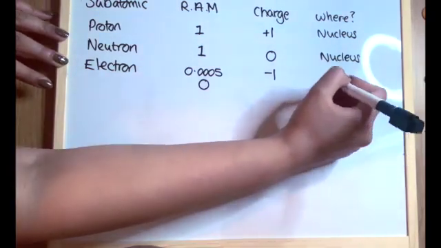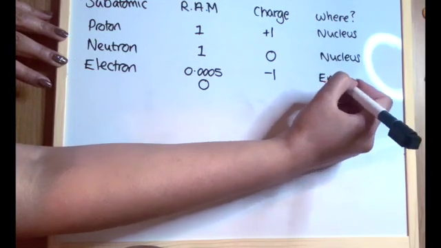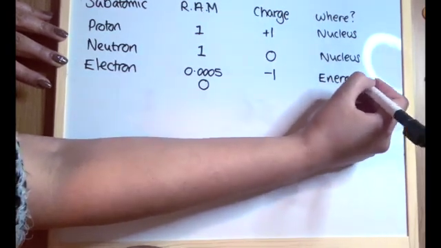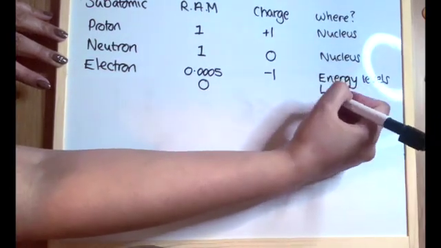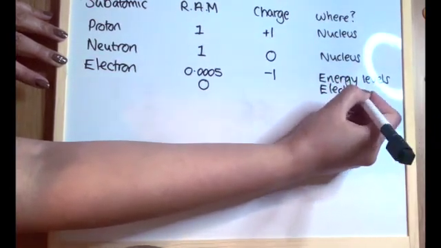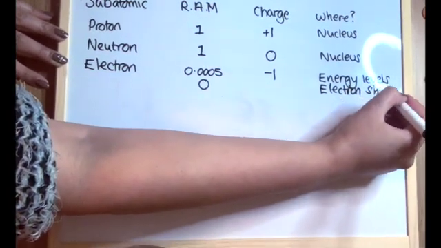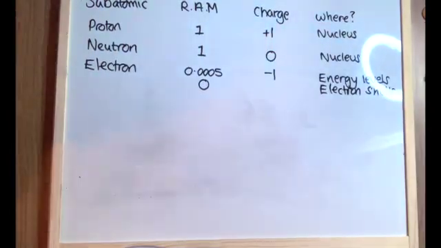And electrons are on the energy levels, which are the circles orbiting the nucleus, or we can say are on the electron shells, whichever you prefer. Okay, so that's a summary of the atom.